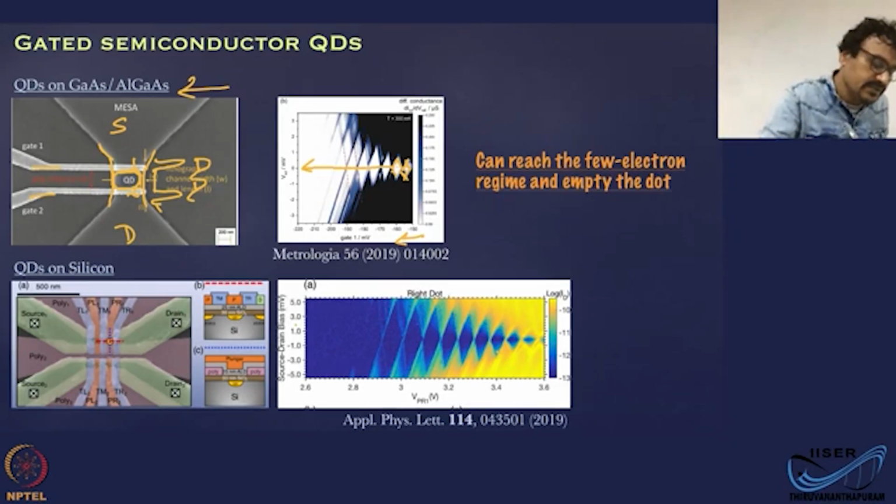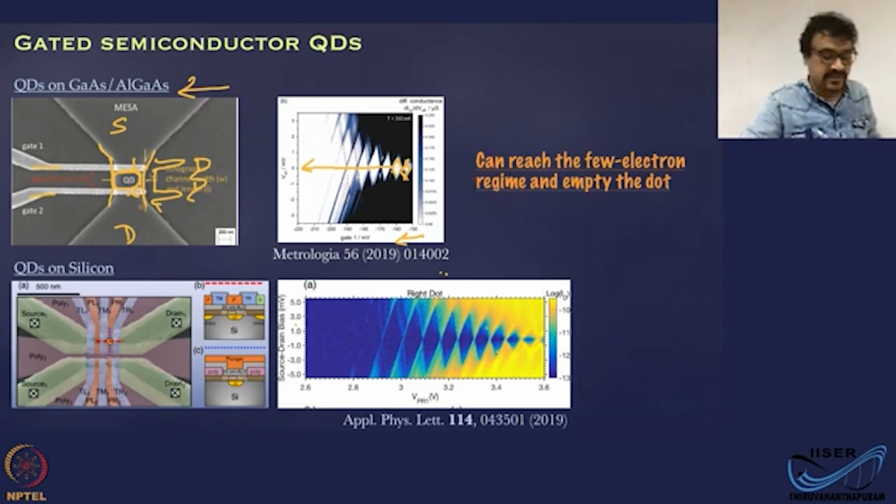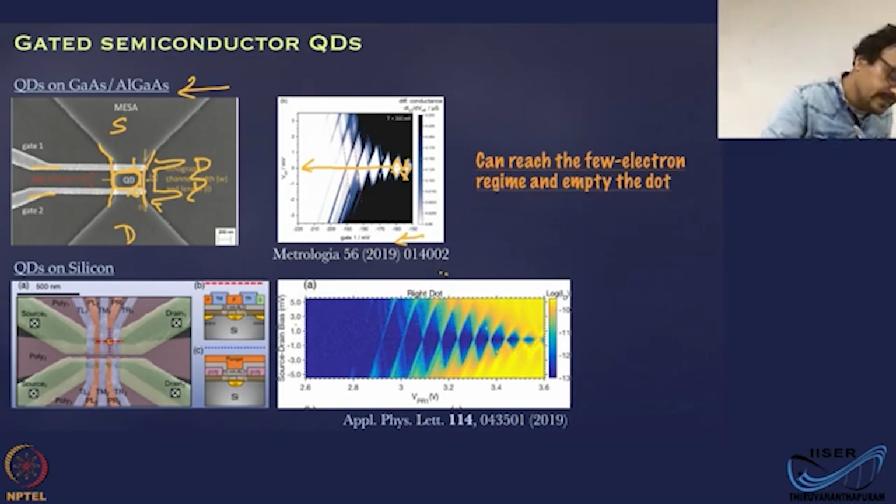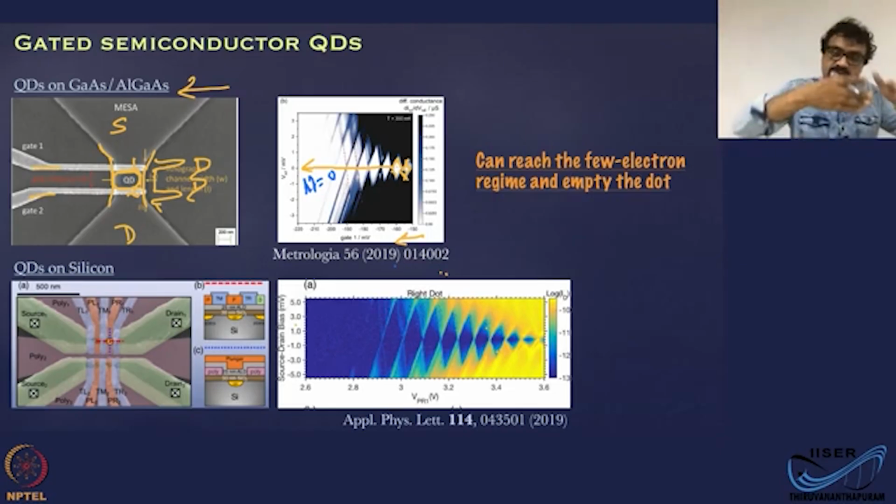Okay, so you start with, say, n-1, n-2, n-3, and so on, and finally these semiconductor quantum dots will give you an opportunity to empty the dot completely. So in this case, you can assume that this corresponds to n equal to 0. Then, because n is equal to 0, the diamond will not close back. Okay, it will open up completely.